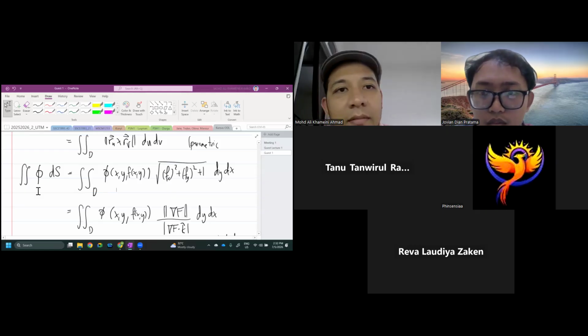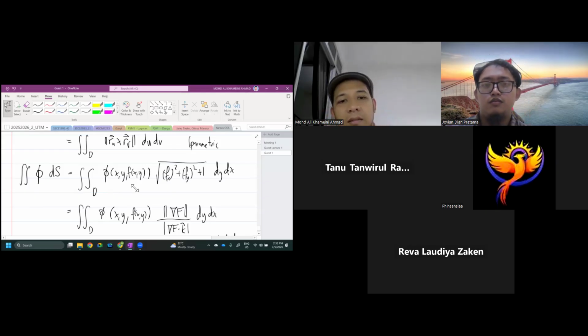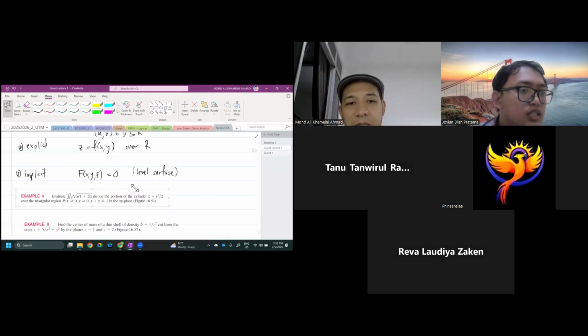Okay, let me do this example, which I take from my book. Compute this scalar surface integral. The book interchanges sigma and S; for me, I have S here and sigma here.